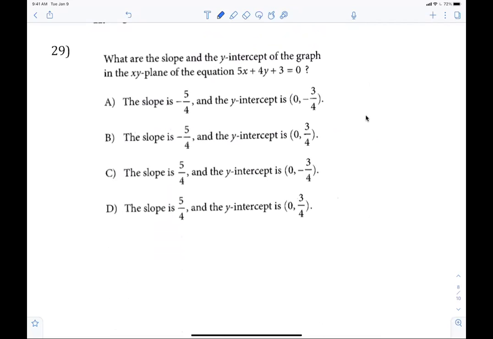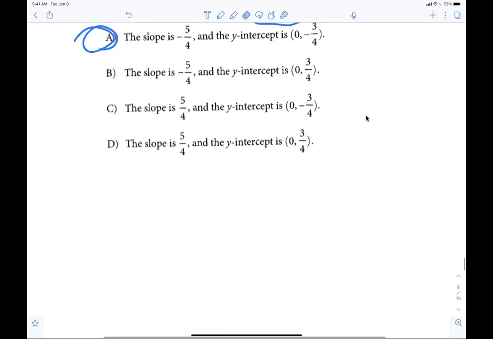I got B. Somebody said B, somebody said A. So if I move the X and the Y, they both become what? And then when we divide by 4, I believe A is correct. Do you see that now? Little mistakes, not a big deal. Any issues with 29?